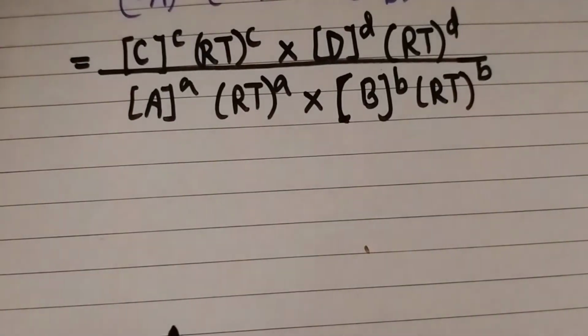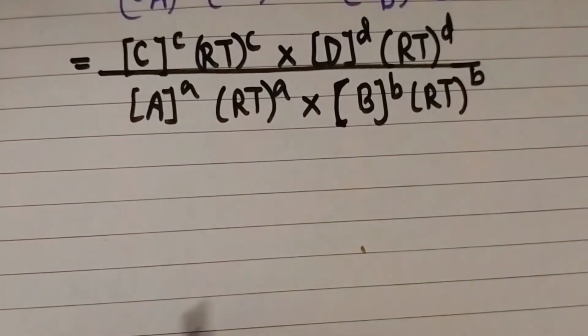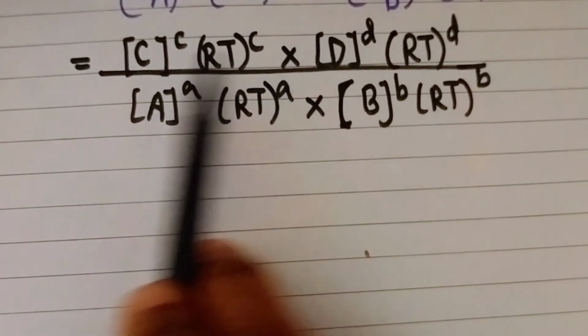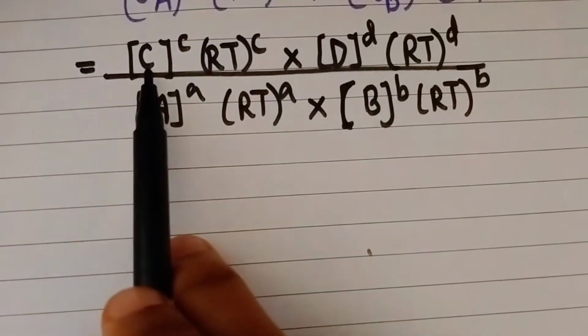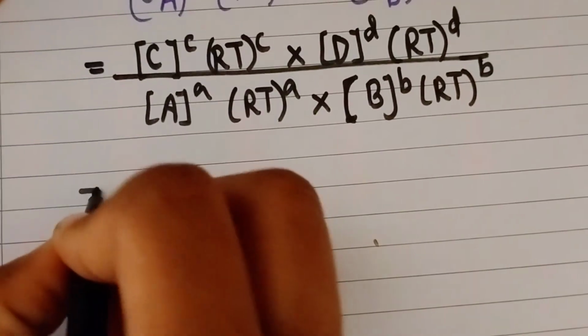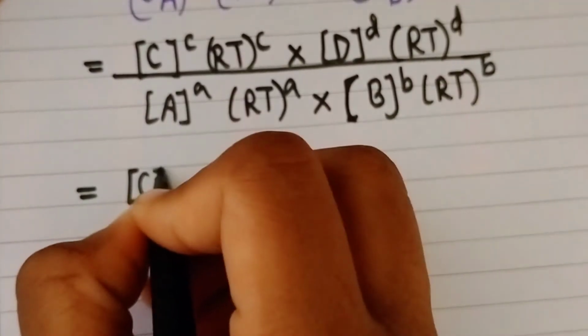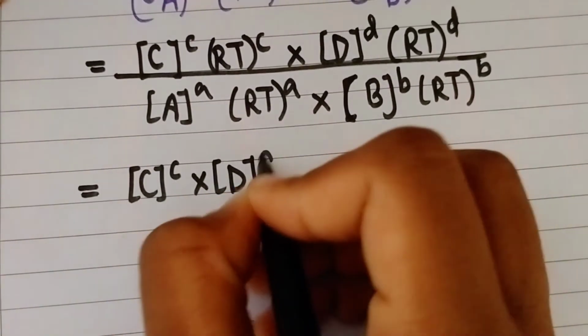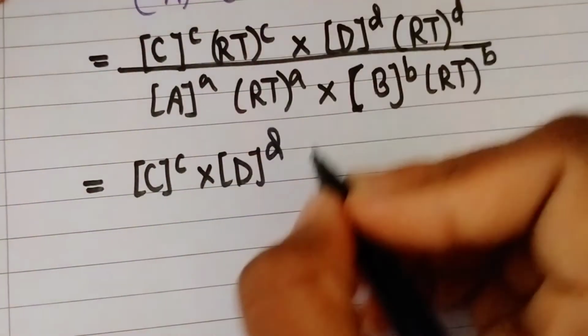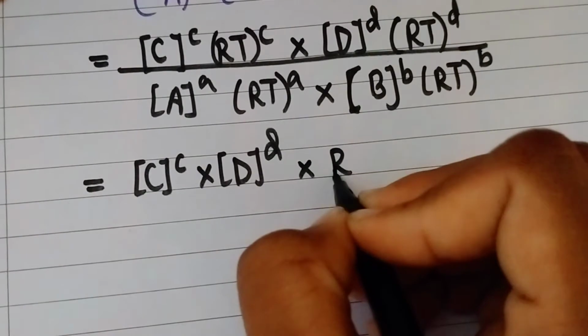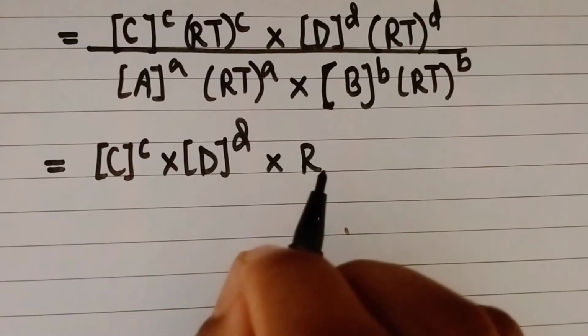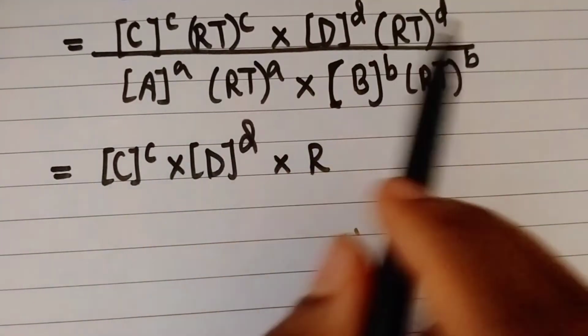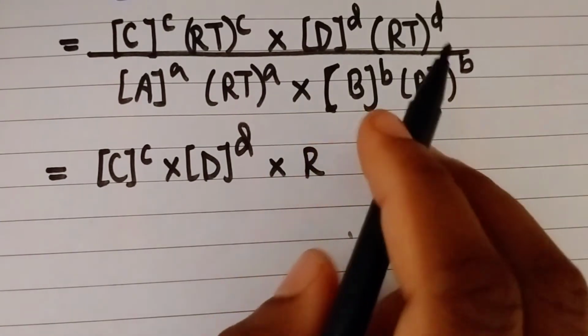In our next step, we can take the like terms to the same side, meaning the concentration terms we will shift to the left side, concentration of C raised to this, and the RT terms. As you all know, R is constant, with value 0.083, and T, the temperature for a given reaction, will be constant.